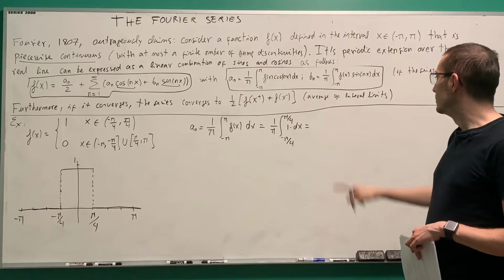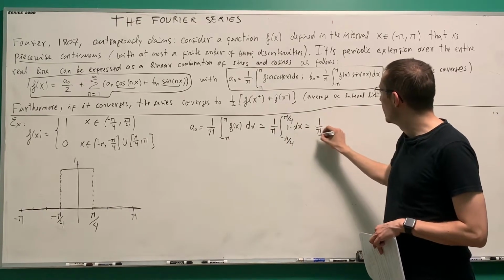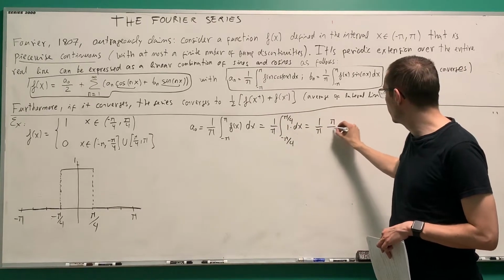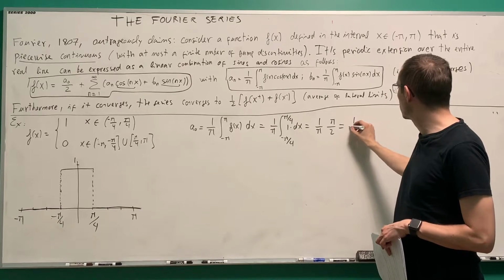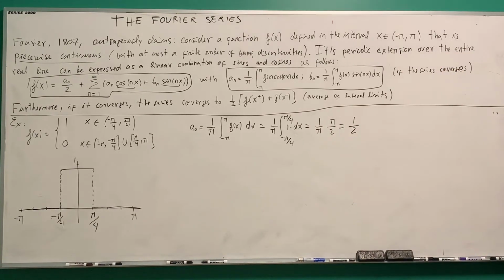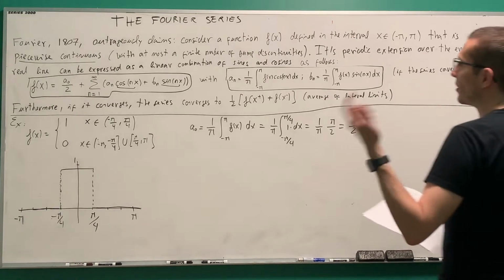All right? So this is 1 over pi, and this integral here is pi over 2. So this thing is 1 over 2. That's A0. Okay.